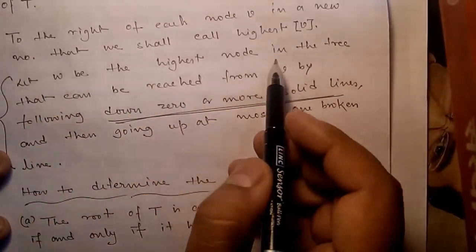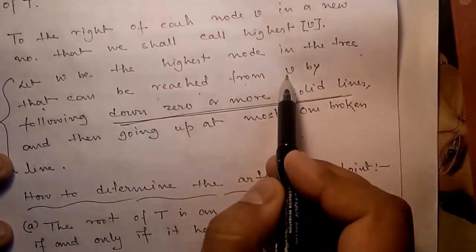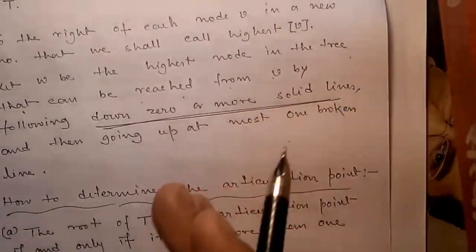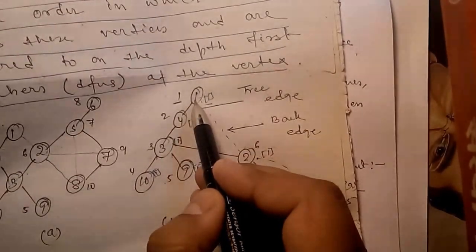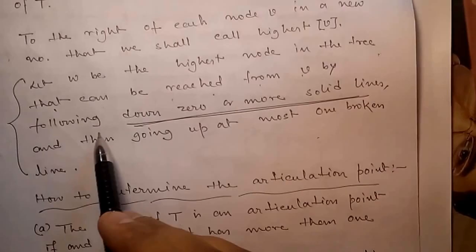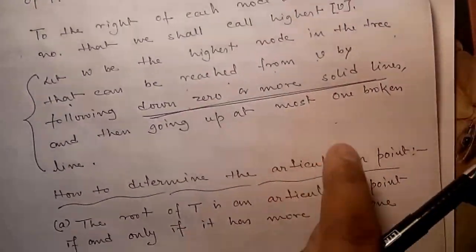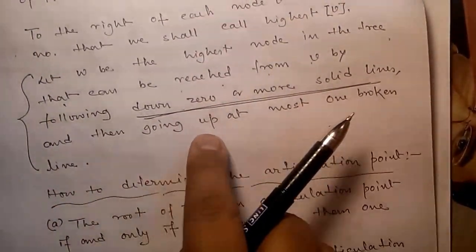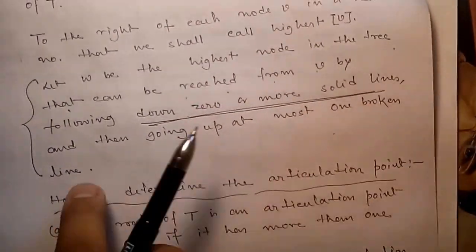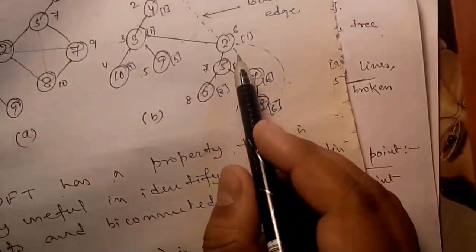Suppose 1 is the highest value that can be reached from V, say V is equal to 4, by following down 0 or more solid lines, 1 or 2 solid lines, and then going up at most 1 broken line. This is the one broken line.